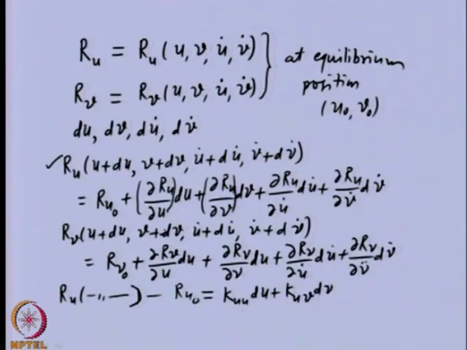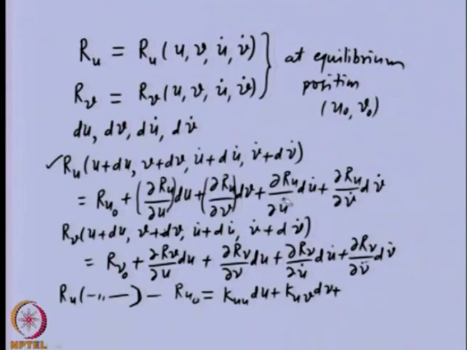The first subscript represents the numerator and the second subscript the denominator. So, the numerator has force and the denominator has displacement: the first is the force direction and the second is the displacement direction.